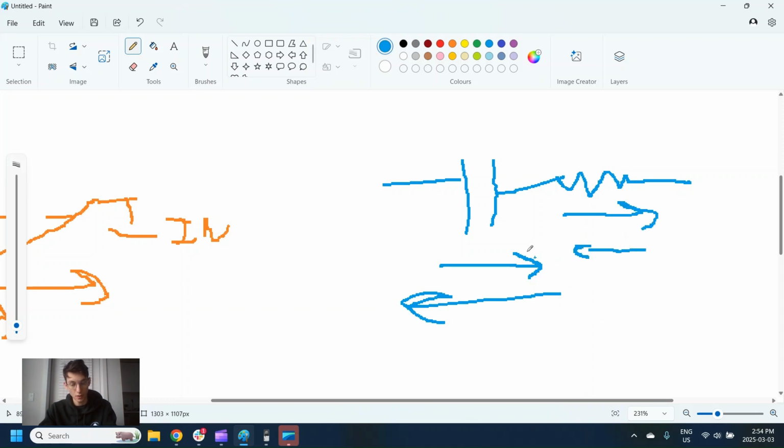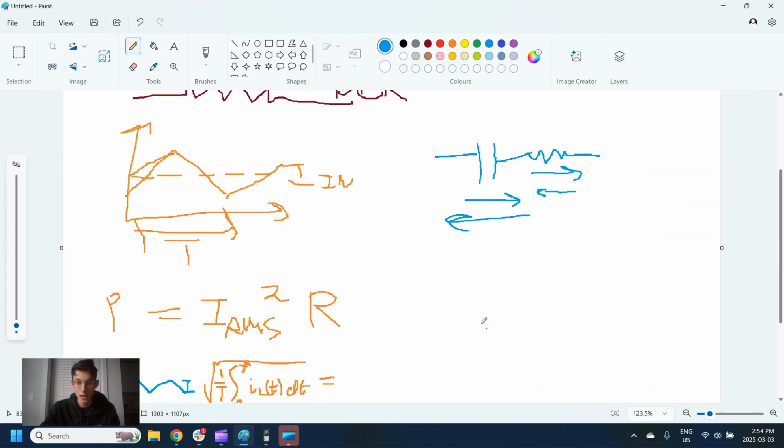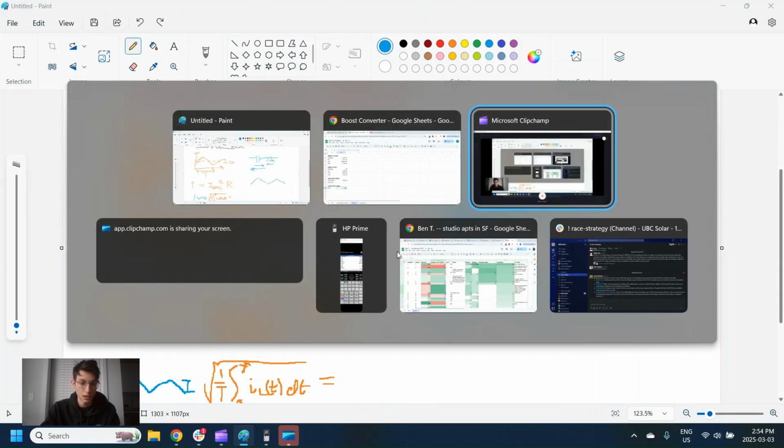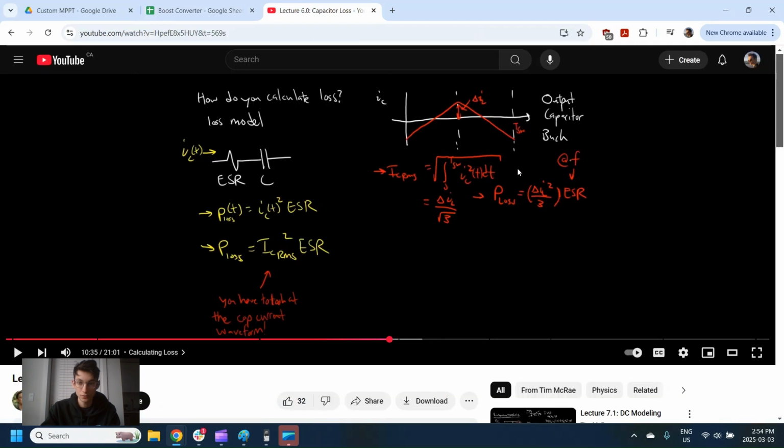And so in order to look at this, we have to look at the waveform. And a capacitor current is, again, going to be sort of that rising and falling thing. And we're going to do exactly the same thing. So we need IRMS squared times R. And I just found a video of a guy who calculated it out.